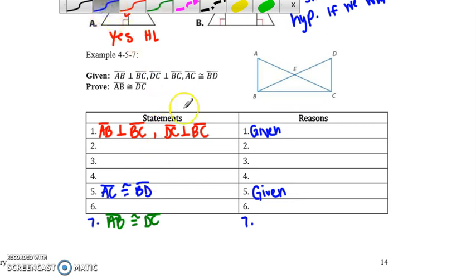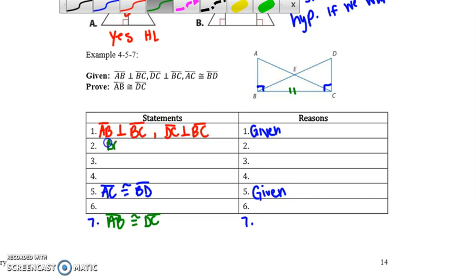All right, so here's what we have so far. Let's take a look at what this means. AB is perpendicular to BC, so that is going to form some right angles here. We can go from there to the right angles, or we can do that BC is congruent to BC, that they're sharing this side here, because this triangle's kind of laying on top and this triangle's kind of laying down, and they're sharing BC.